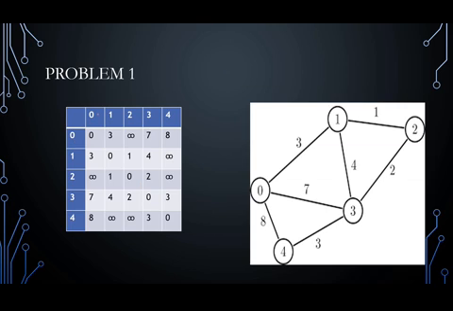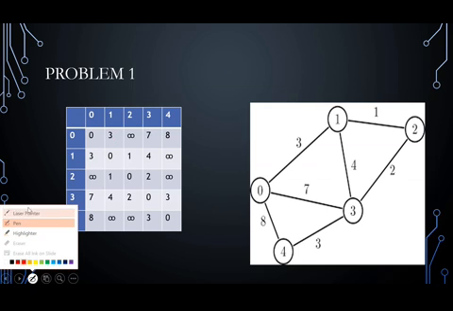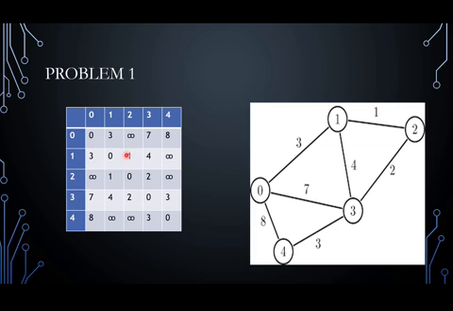So from 0 to 0, there is no self loop, therefore distance is 0. From 0 to 1, distance is 3. From 0 to 2, there is no direct path between 0 and 2. Therefore, I consider the distance to be infinite.